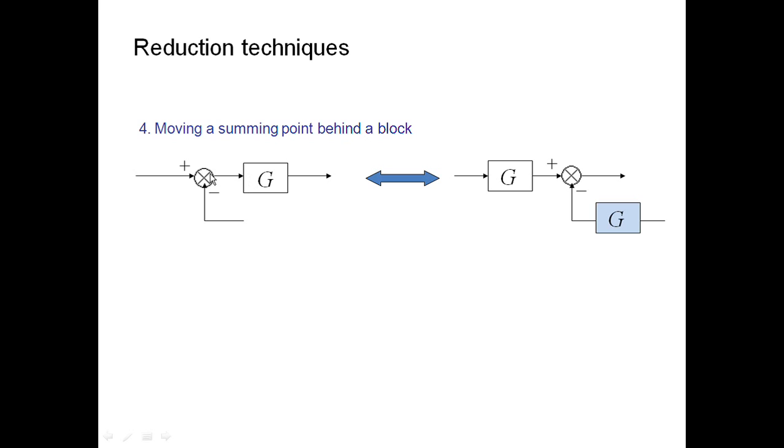So this is a summing point and we want to move it to the right side of this block G. At this moment both signals get multiplied with G. If we shift over here, then only this signal gets multiplied with G, but this downward signal doesn't have multiplication of G, so we need to add a single block of gain G in this path.